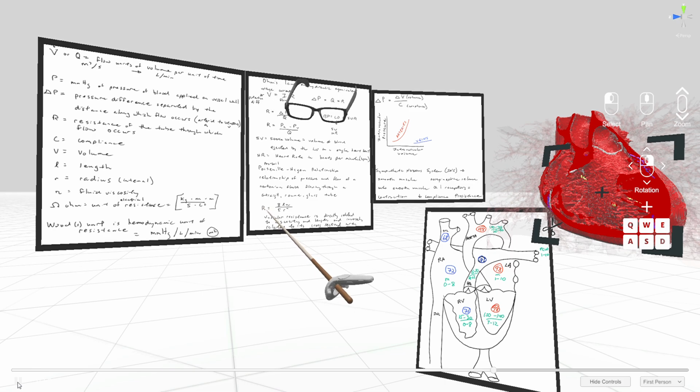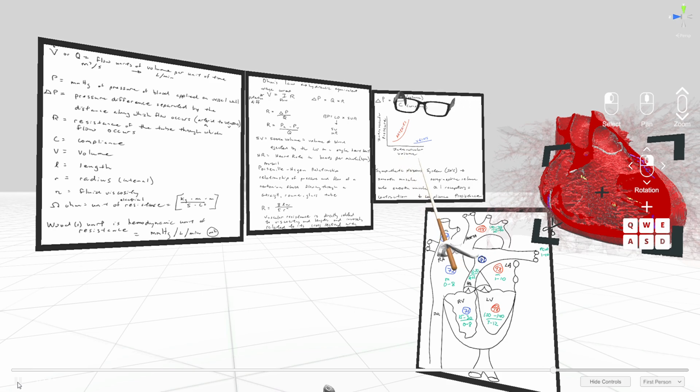So resistance is 8 times length times viscosity, so how long are all the vessels, over pi times radius to the fourth power, the internal radius. If you look at this, vascular resistance is directly related to viscosity and length, and inversely related to its cross-sectional area.